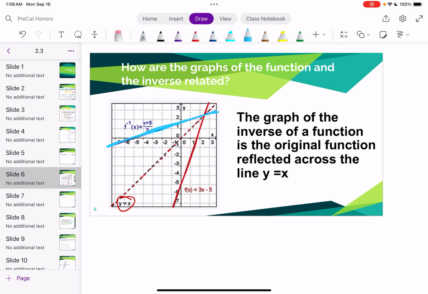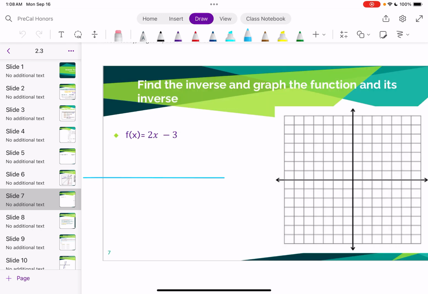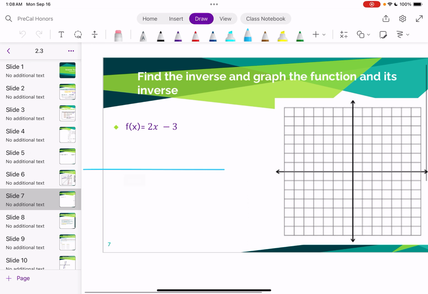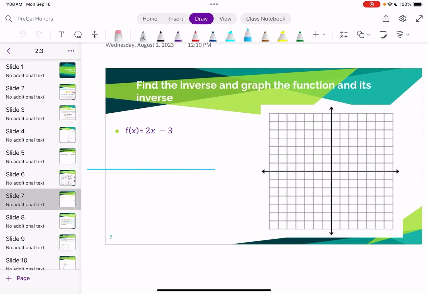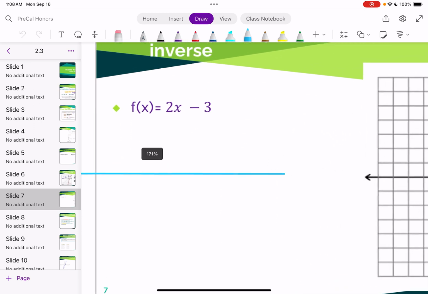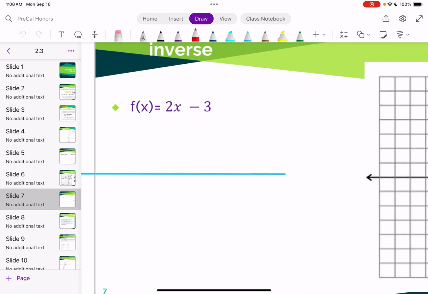Let's go ahead and take a look at slide 7. So find the inverse and graph the function and its inverse. Ultimately, the first thing that we need to do is find the inverse. We have y is equal to 2x minus 3. X is equal to 2y minus 3. X plus 3 is equal to 2y.